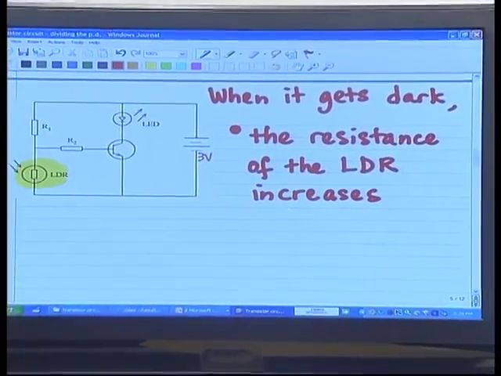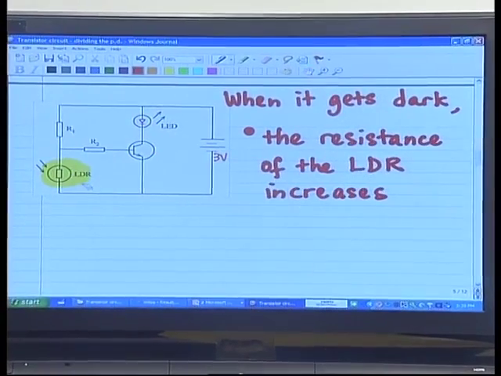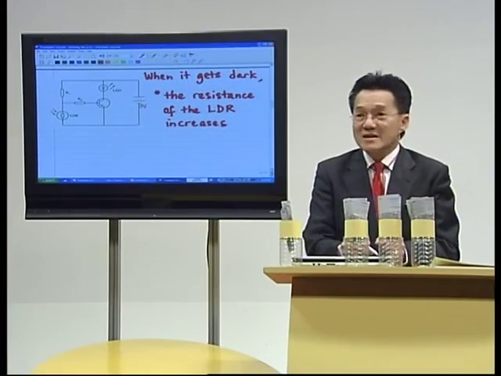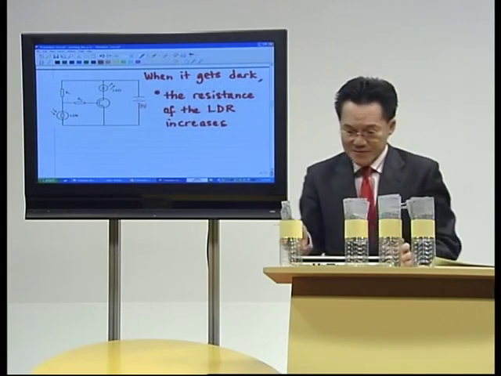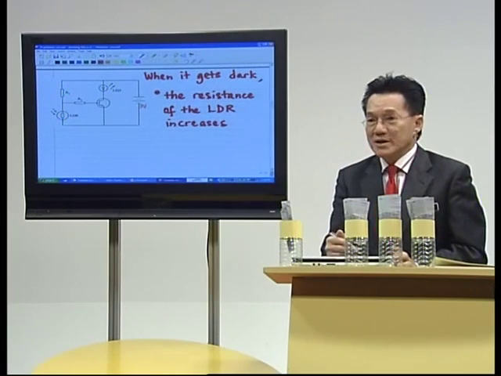Okay? So when the LDR has a small resistance in the bright, you will know that the potential difference across the LDR is small. So now it gets dark. The resistance of the LDR increases. So that's the first point.